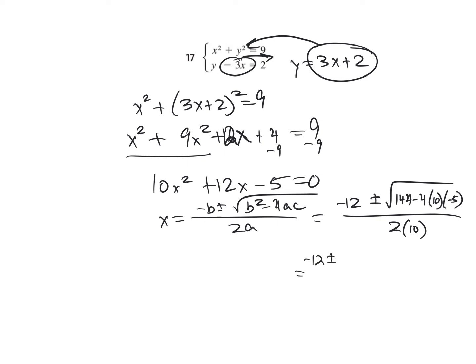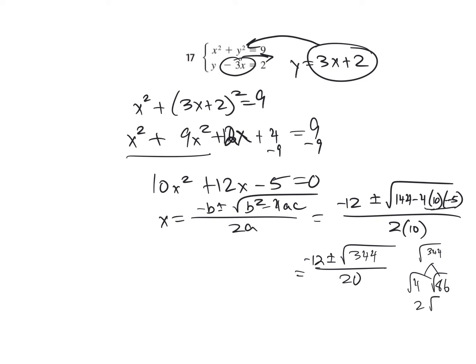Negative 12 plus or minus 4 times 10 is 40 times 5 is 200. You have a minus here, that's plus. So 144 plus 200 is 344 all over 20. And 344 is the same thing as 4 and 86.